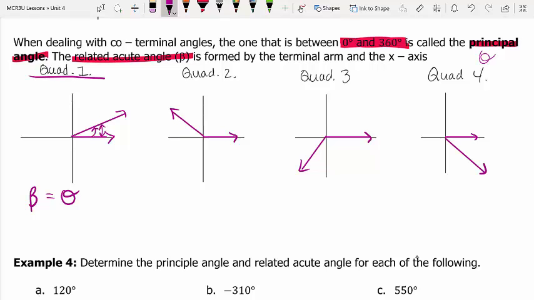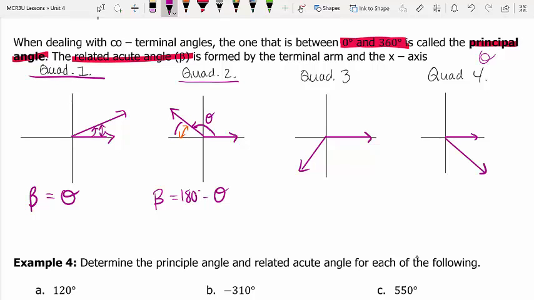Okay, if your terminal arm ends up in quadrant 2, like it did right here, this is your principal angle. We call that theta. Obviously, this is your related acute angle. To calculate its value, it's always going to equal 180 degrees minus your principal value.